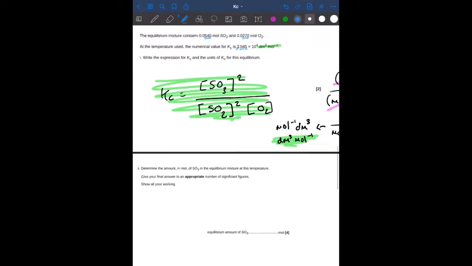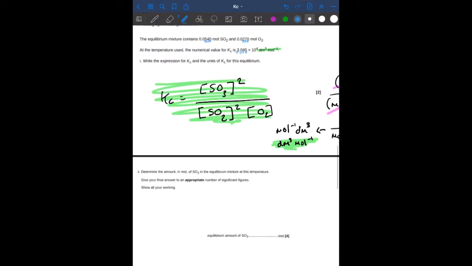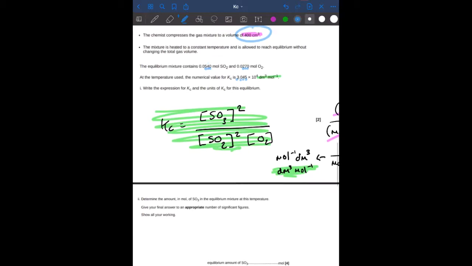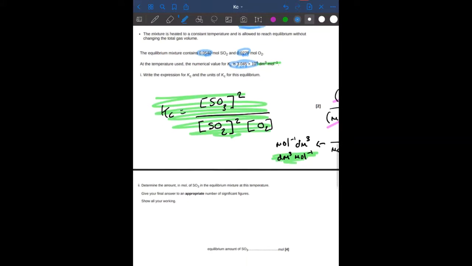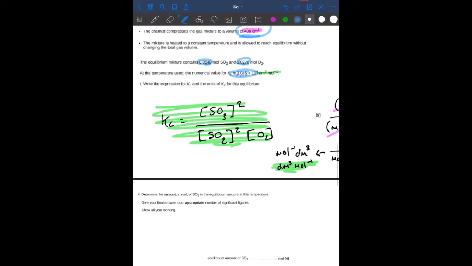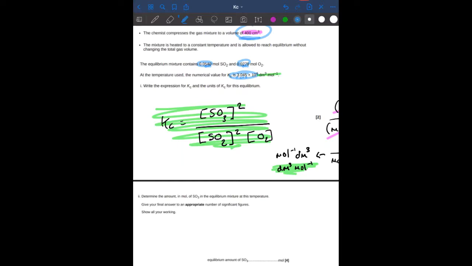Scrolling down, we're going to need to use this value, this value, this value, and this one in our answer. That's why we've highlighted them up, so it's easy to refer back to. We've got our Kc. We just need to find out what the concentrations are to be able to substitute them in.